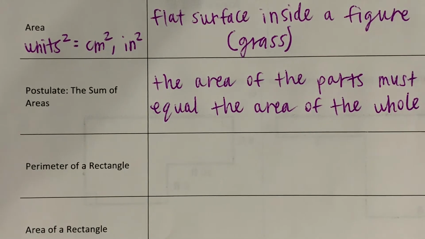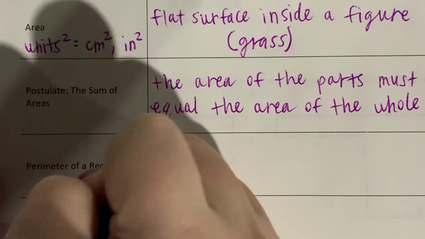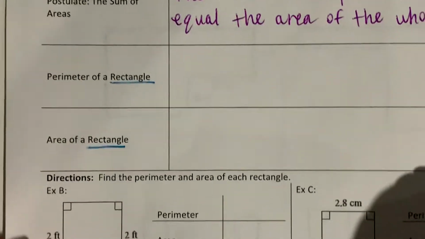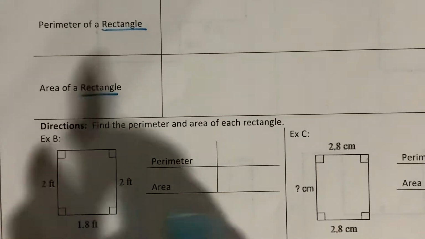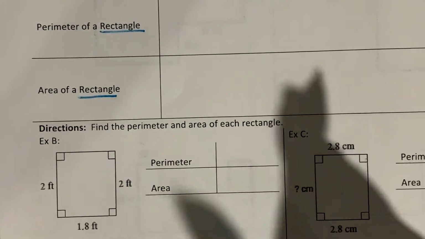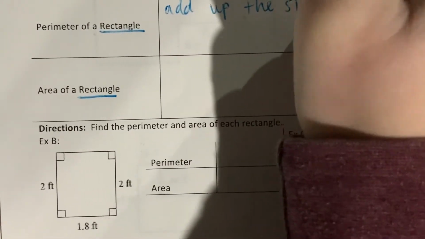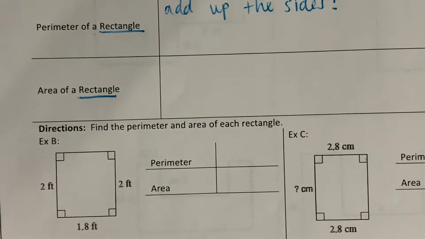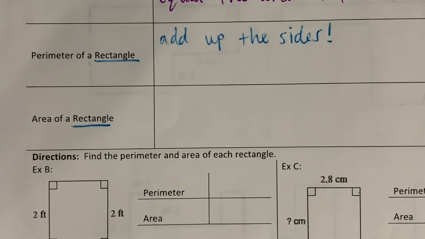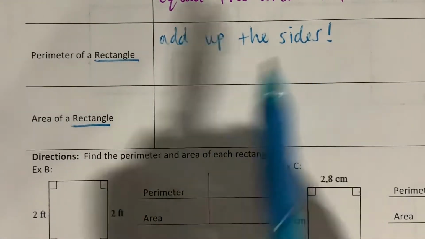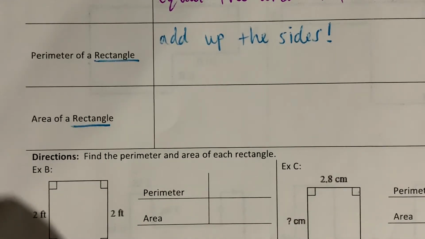Now that we've talked about area and perimeter in a general sense, let's talk about area and perimeter for a rectangle. So let's be specific and let's talk about the figure being a rectangle. So for the perimeter of a rectangle, one way you can think of it is just add up the sides, just like we did here at the beginning of our notes. You're looking at the distance around the rectangle, so you could simply add up the 4 sides of the rectangle. There's also a formula we could use for perimeter.